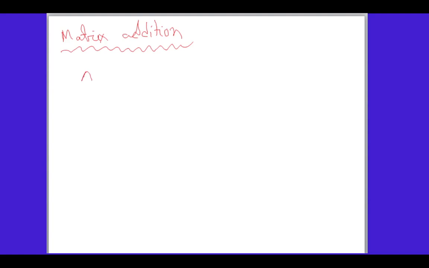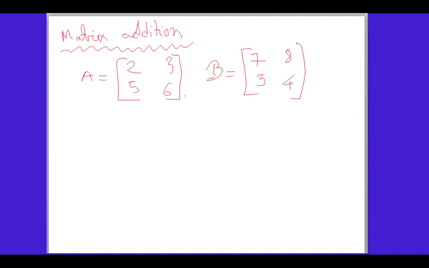Suppose this is a matrix 2, 3, 5, 6. This is a matrix 7, 8, 3, 4. Order of this matrix is 2 by 2, order of this matrix is 2 by 2. We have to add these two matrices.